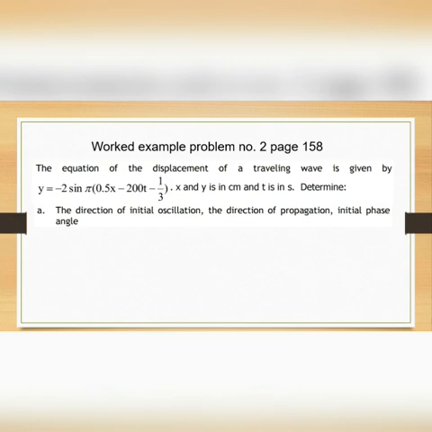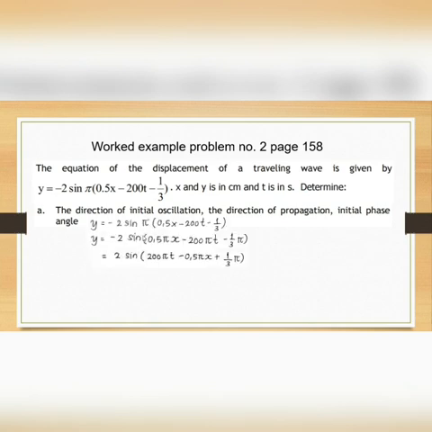We know that the equation must be changed into y equals A times the sine of (omega t minus kx plus theta 0). If we still have an equation in the form kx minus omega t, then we need to change the equation.